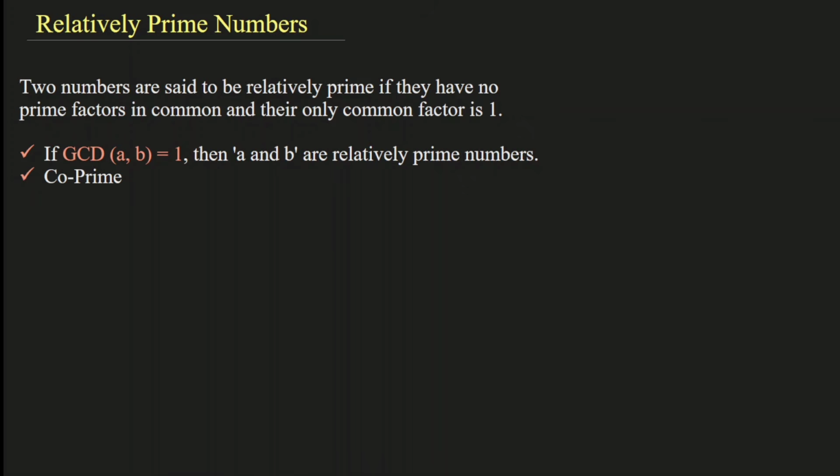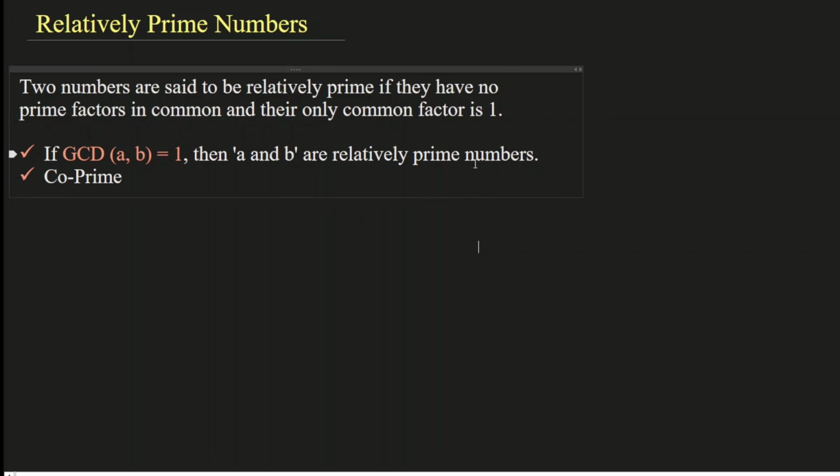If you have two numbers, we say those two numbers are relatively prime if they don't have any common factors, or if they have a common factor, it must be only 1. Common factor is nothing but GCD.